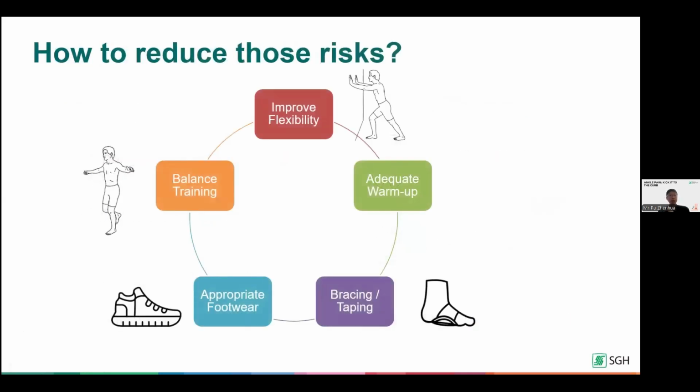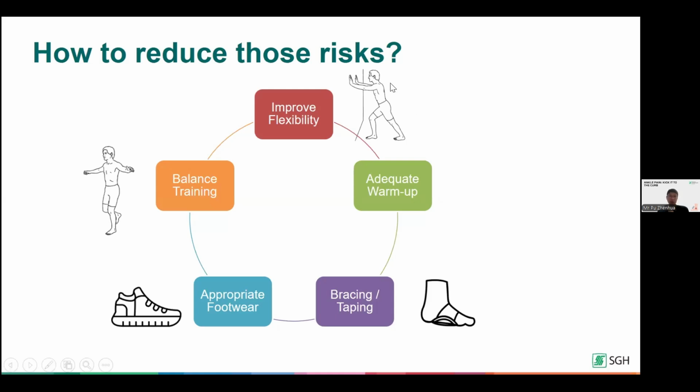So what can we do and how can we lower this risk? Just now we mentioned that if somebody is very flexible, then that will have a higher risk. But on the other hand, we do have someone with rigid ankles who has lost the flexibility of the muscles around the ankle itself. You can look at the diagram on the right side.